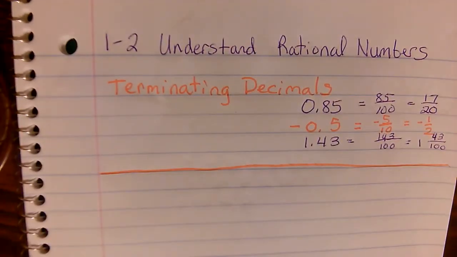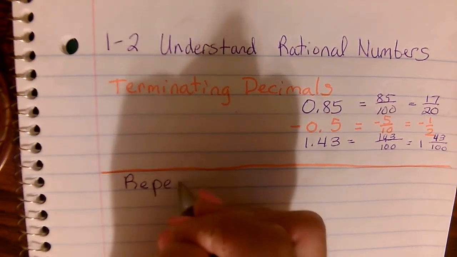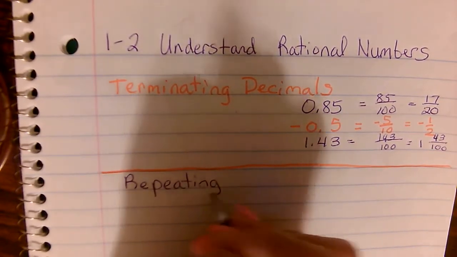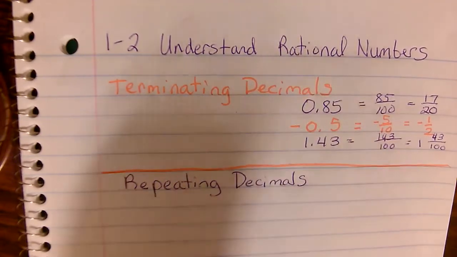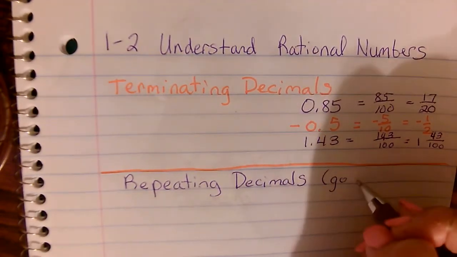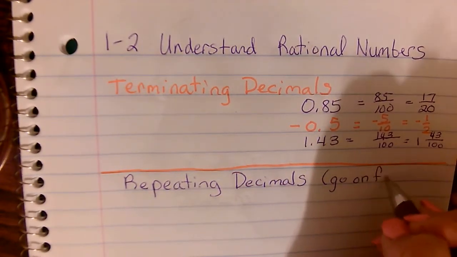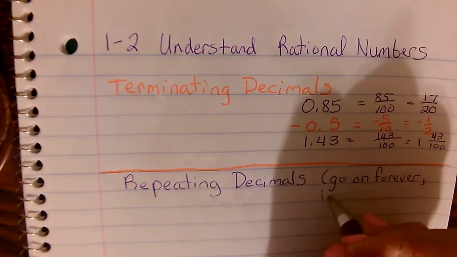Are repeating decimals. Now repeating decimals can also be written as fractions. And the thing about a repeating decimal is it goes on forever, or in math terms, infinitely.